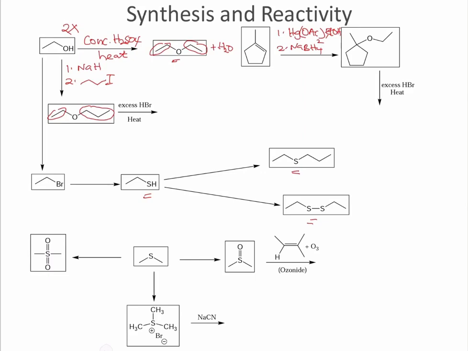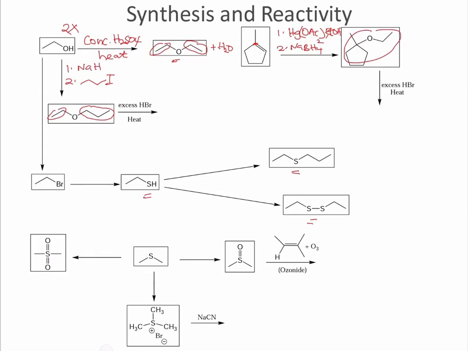So instead of forming the alcohol, an OH, in the more substituted position, we are going to install the ethoxy group in the more substituted position. So the ethoxy group ends up giving us an ether. Okay.